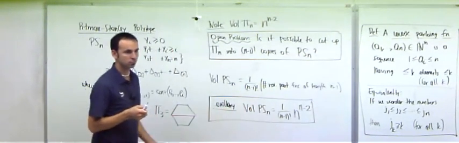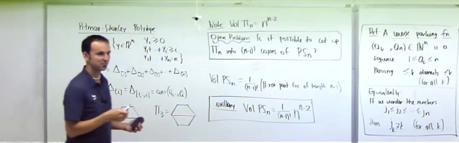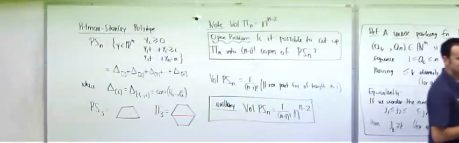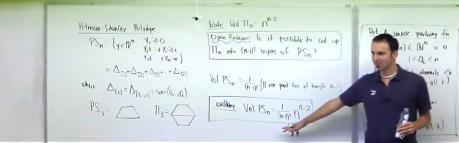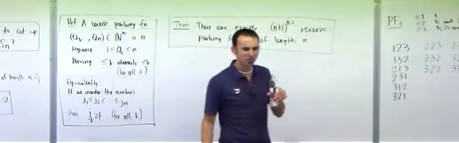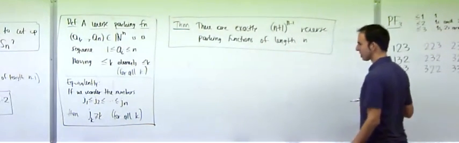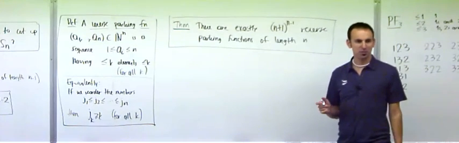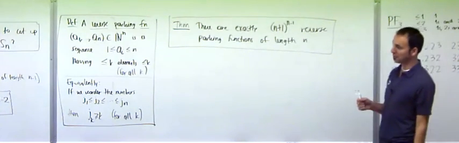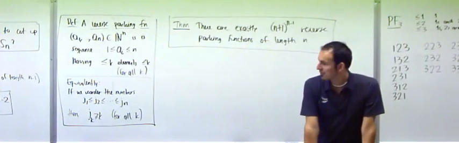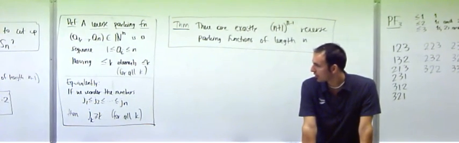How fast does that function grow? 1 over n minus 1 factorial. Have you thought about how big this number is, 1 over n factorial? About how big is n factorial, basically? So really, really big, right? But how big?